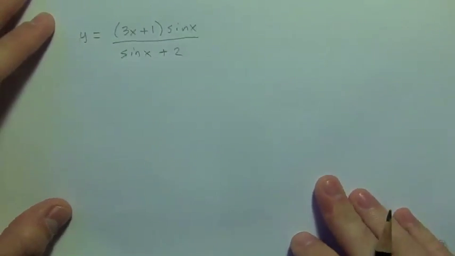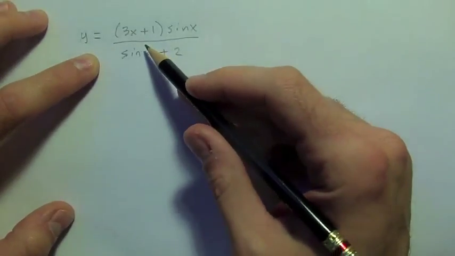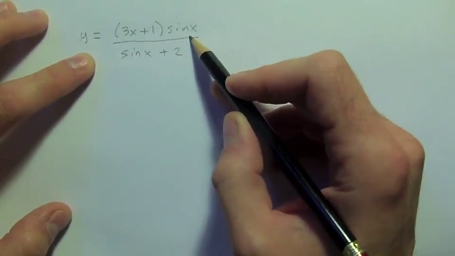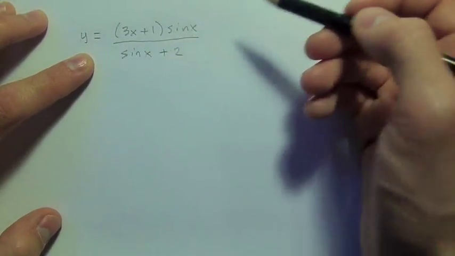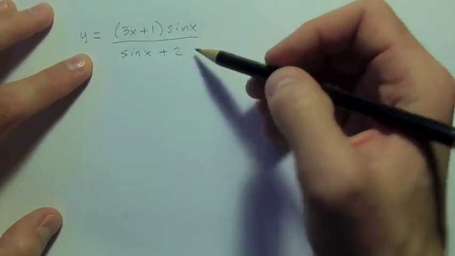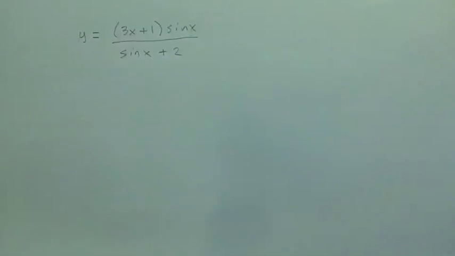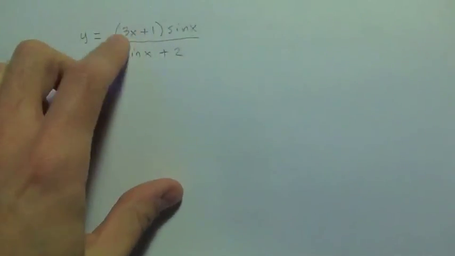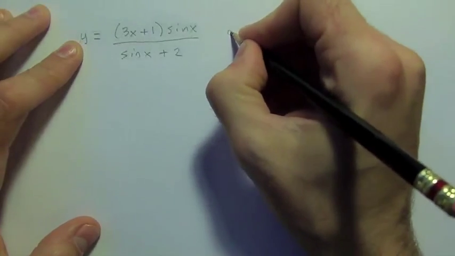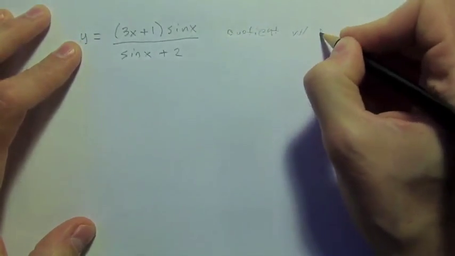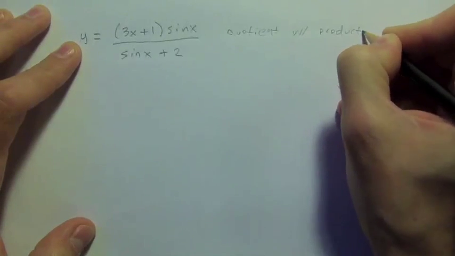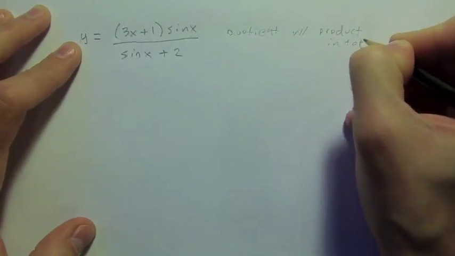Next example, we have 3x plus 1 times sine x all over sine x plus 2. This, of course, is a quotient rule, but we have a product rule in the top. So this will be quotient rule with product in the top.